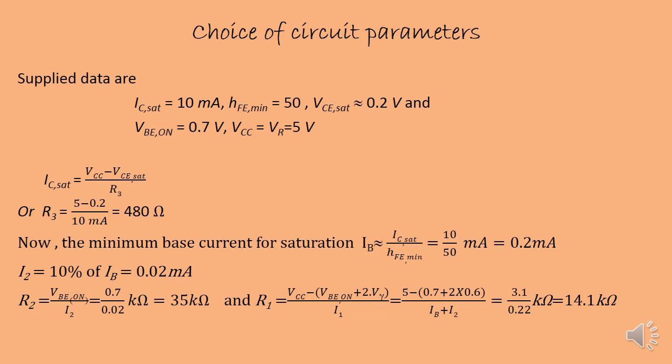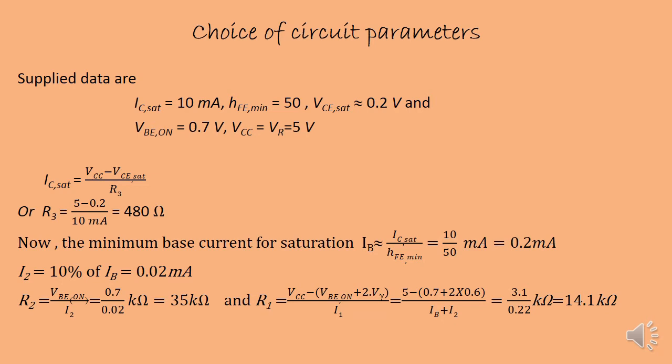Now here we consider I2 equal to 10% of IB. That means 10% of 0.2 milliampere, so I2 equal to 0.02 milliampere. Now how do we calculate R2? R2 is the base emitter resistor.